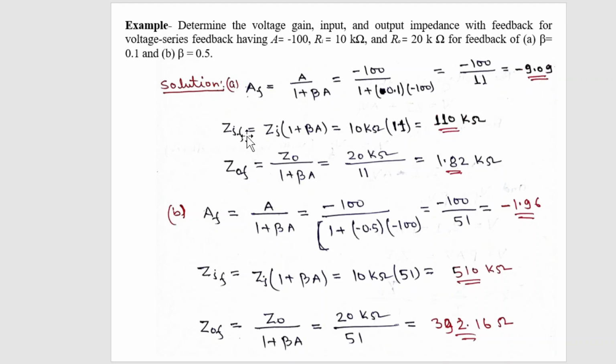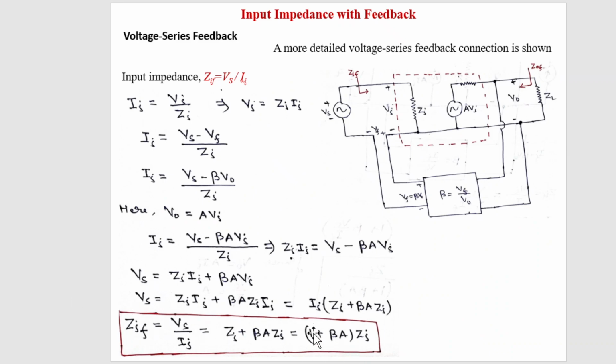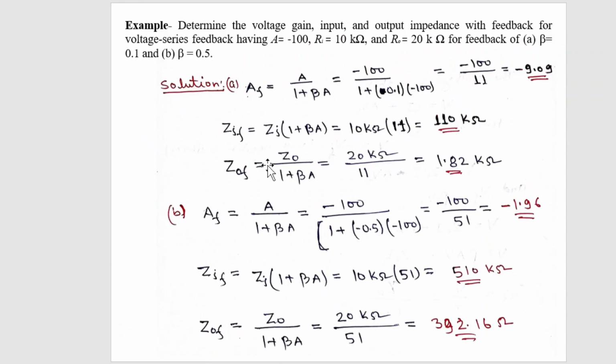Similarly, if you calculate the input impedance for voltage series feedback, ZIF is equal to 1 plus beta A into ZI.